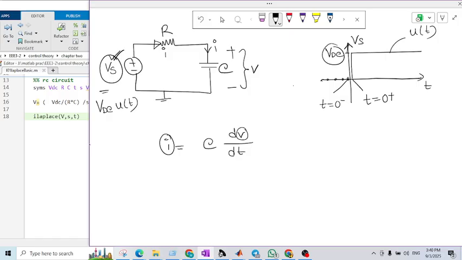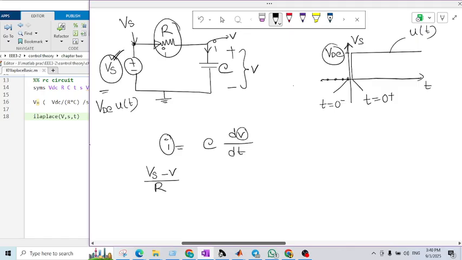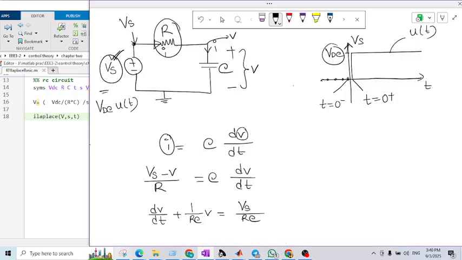If I assume that this is the ground, then this point's voltage is Vs and this point's voltage is V. So the current through this resistor is simply equal to (Vs minus V) divided by R, Ohm's law, right? Then equals C dV by dt. Well, so now if I rearrange this equation, I will get dV by dt plus 1 by RC V is equal to Vs divided by RC.